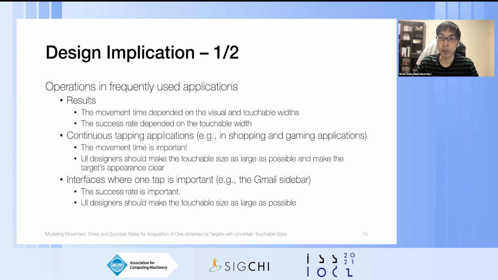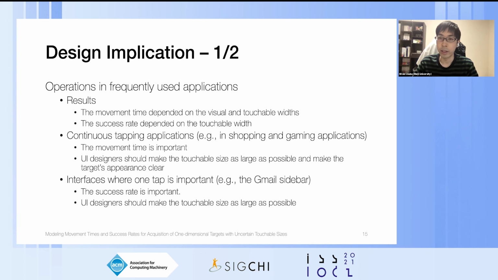Based on the results, we built a design implication. In operations in frequently used applications, we found the movement time depended on the visual and touchable width, and success rate depended on touchable width. In continuous tapping applications, for example, shopping and game applications, the movement time is important.